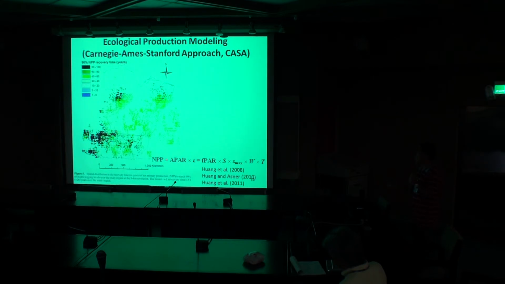If you multiply APAR by light use efficiency, using a NASA model called the Carnegie-Ames-Stanford approach, the CASA model, the fractional cover is equivalent to fPAR. So you have solar radiation, maximum light use efficiency, water and temperature, and you can measure the NPP.